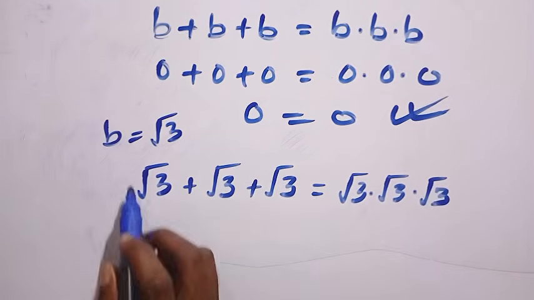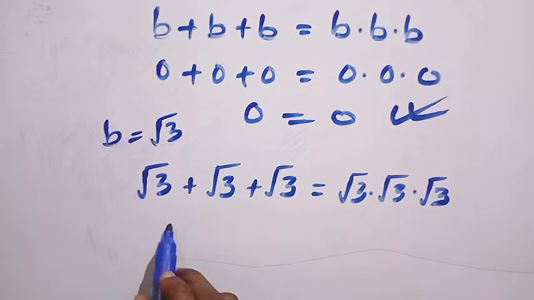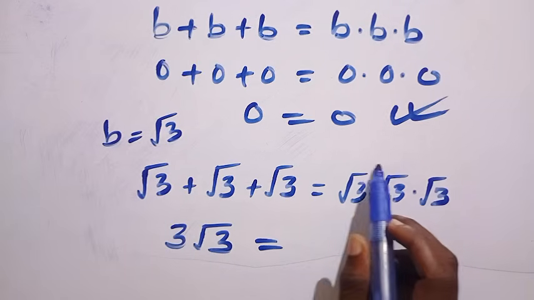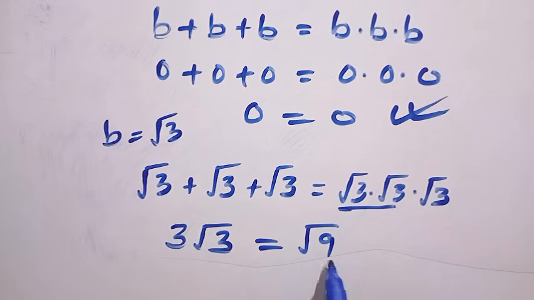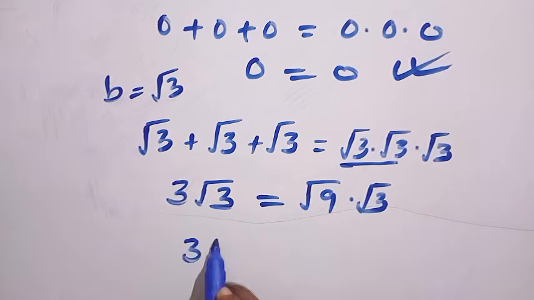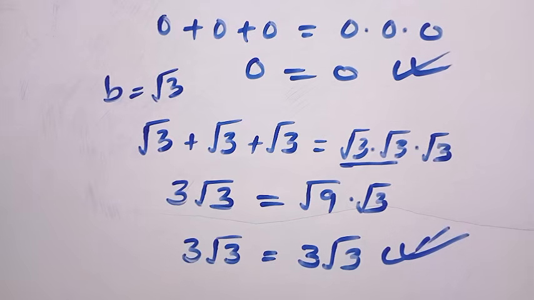Then, adding all this together, with coefficient 1, we get 3 square root of 3 equals, again, square root of 3 multiplied by square root of 3. If you multiply this together, we get square root of 9, then multiplied by square root of 3. Square root of 9 is a perfect square, therefore we have 3 square root of 3 equals 3 square root of 3. So this is also correct.